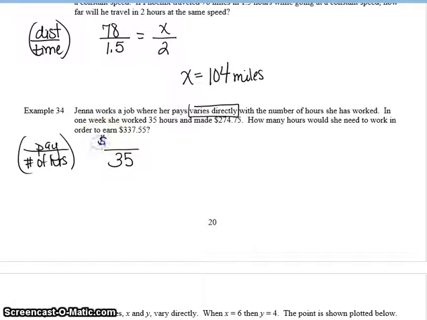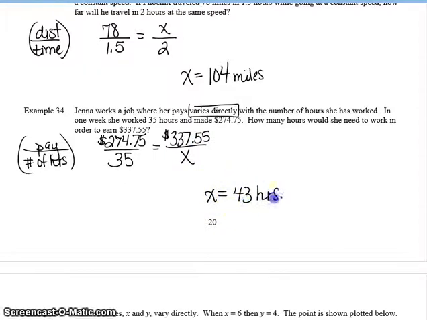And she made, the pay, is $274.75. How many hours, so that's the bottom one, would she need to work in order to earn $337.55? So again, you're just going to cross multiply, and you're going to get 43 hours. So she has to work 43 hours to make $337.55.